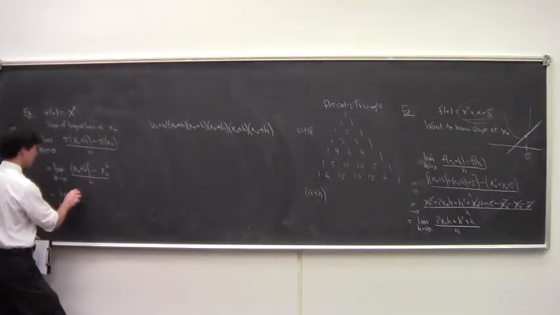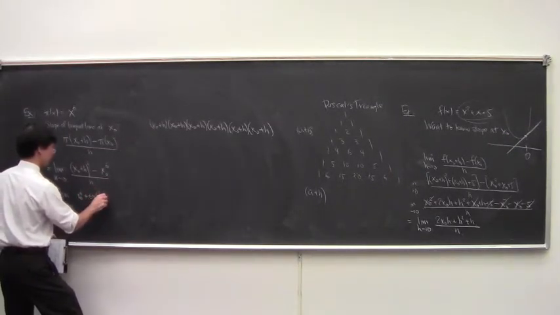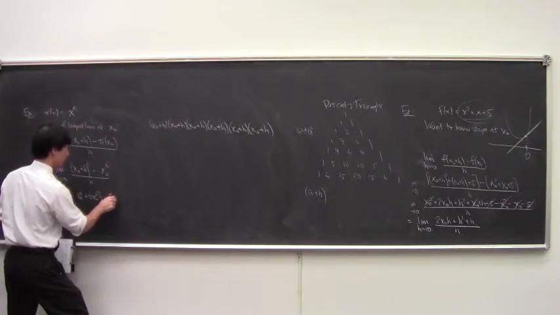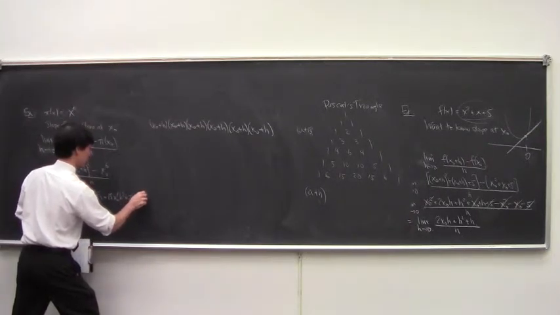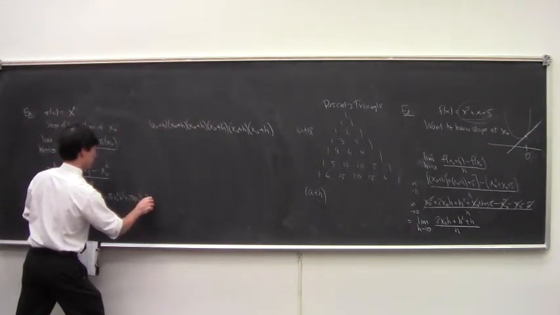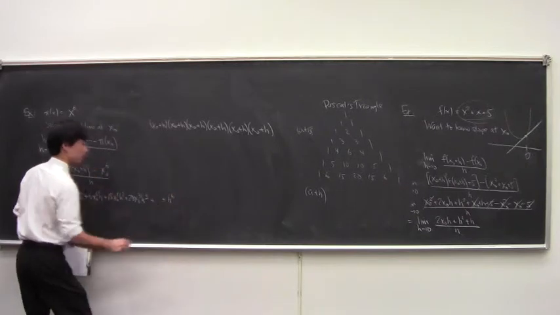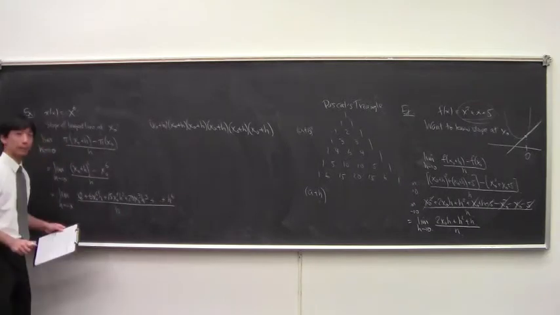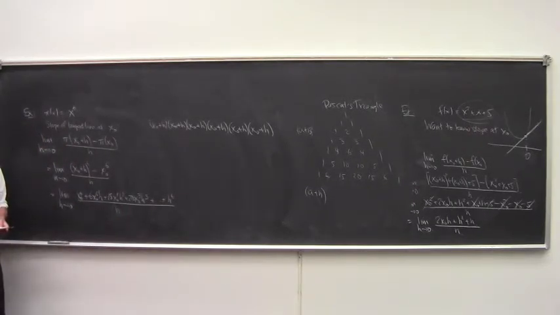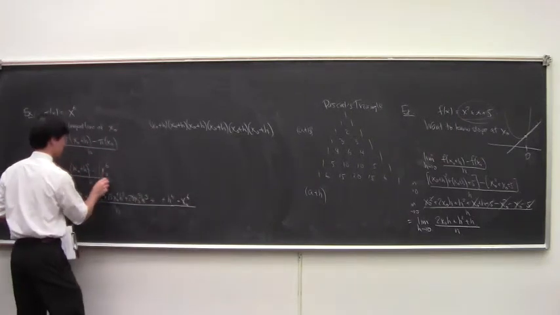It's going to tell me that this is x naught to the sixth plus 6 x naught to the fifth h plus 15 x naught to the fourth h squared plus 20 x naught cubed h cubed, et cetera, down to h to the sixth, everything over h. Right, we've got to subtract.